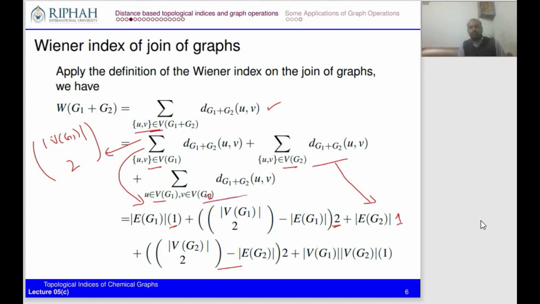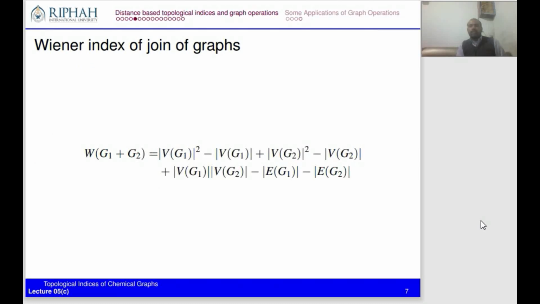And the third partition gives us these pairs, which are at distance 1, and the number of those pairs is the order of graph G1 multiplied by the order of graph G2. So we just open the summation, apply it, and we get this result. After simplifying this expression, we get a simplified form of the Wiener index of the join of two graphs.